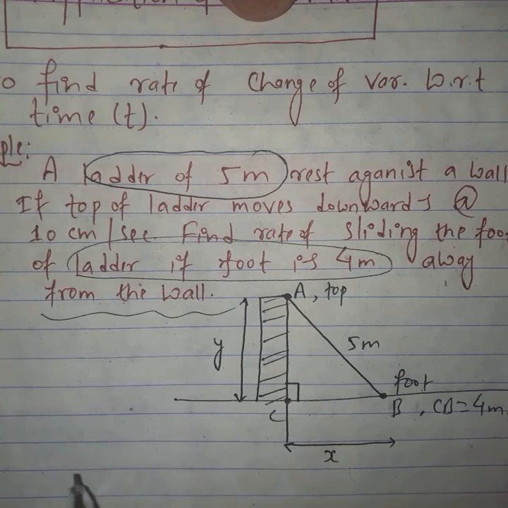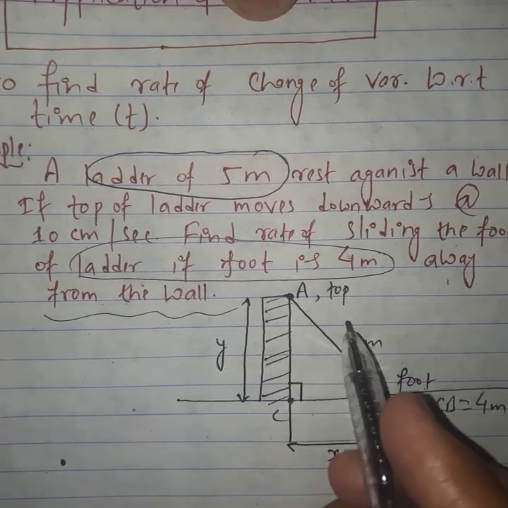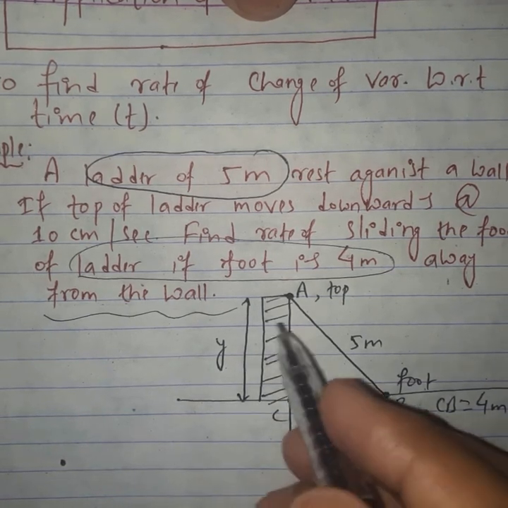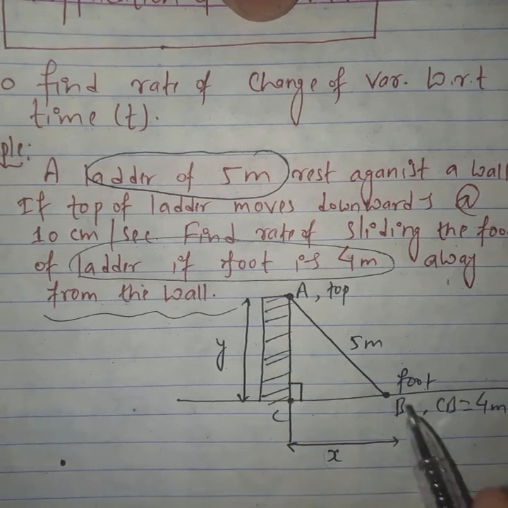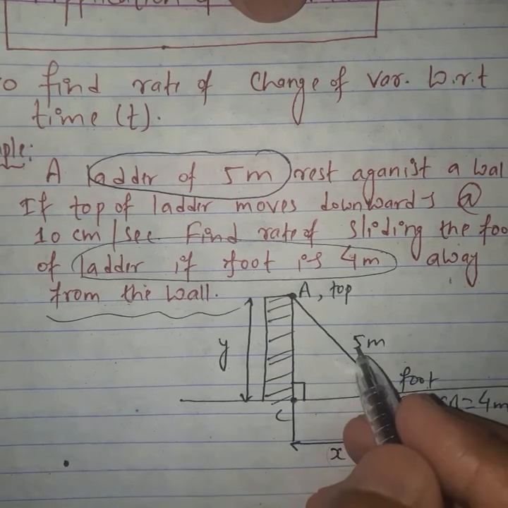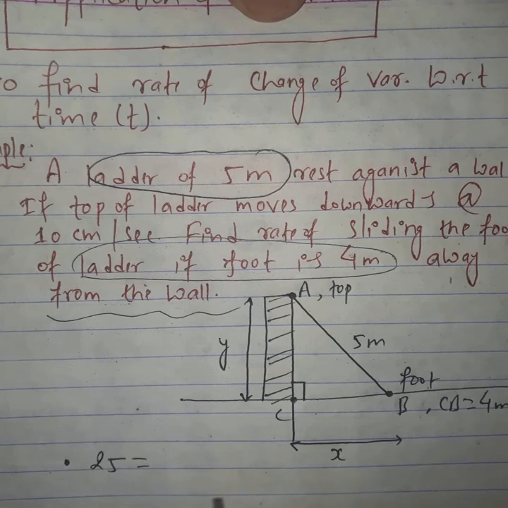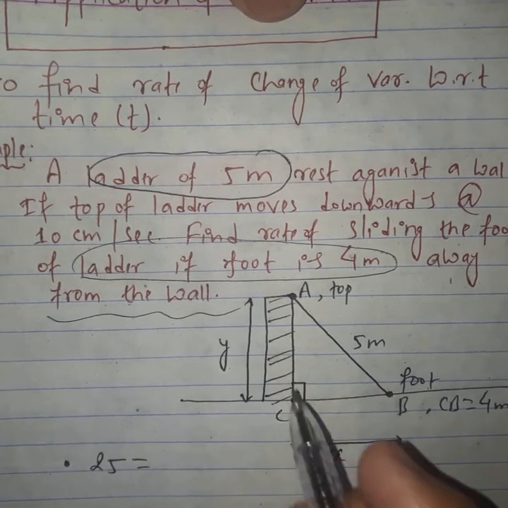First of all, the very first step is to derive the relation between these variables x and y. Here the triangle ACB is a right angle triangle, so we can apply the Pythagoras theorem, which tells us the hypotenuse square. Here the hypotenuse is 5, its square is 25. The square of the hypotenuse is exactly the same as the sum of the squares of the remaining sides.